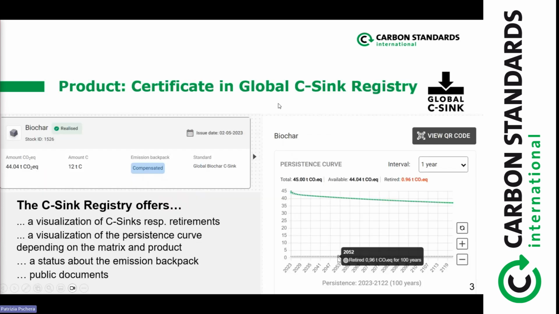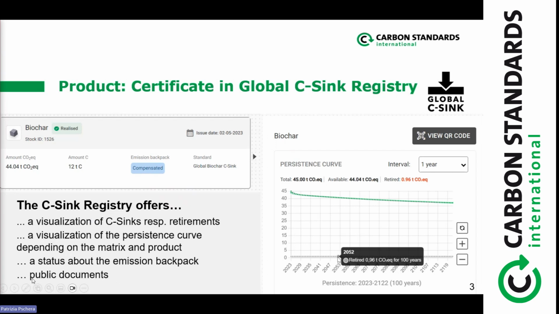And in the end, the public visible part of the product that we are talking about looks like this. We see that we have a C sink. It consists of 12 tons of carbon. We see the persistency curve. We see if there is part of the C sink retired already, and that's something new.